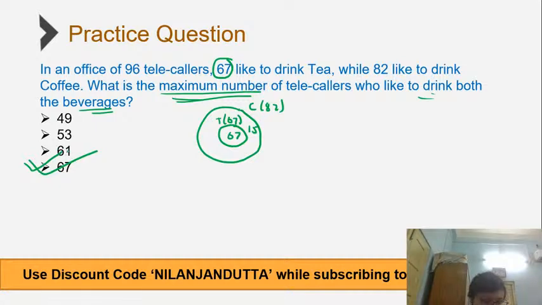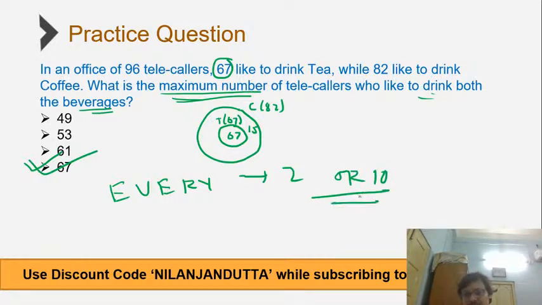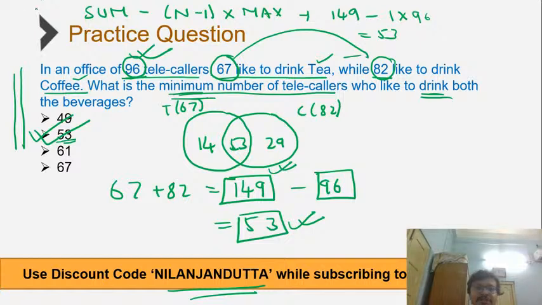Note, this logic of concentric circles will work for every question, irrespective of whether there are two variables or 10 variables. Similarly, this logic will work for the minimum number of people in all the categories.